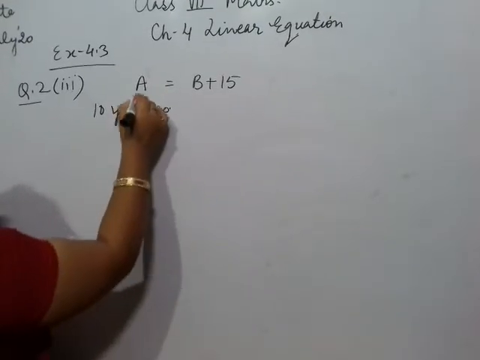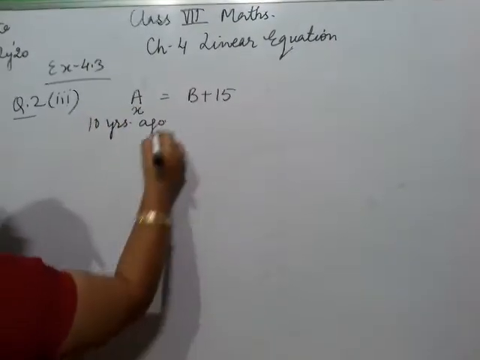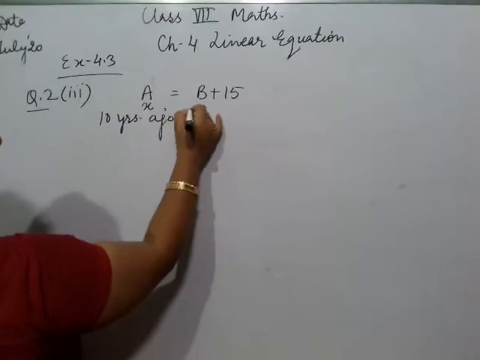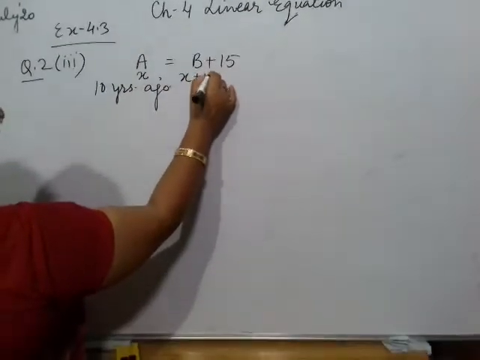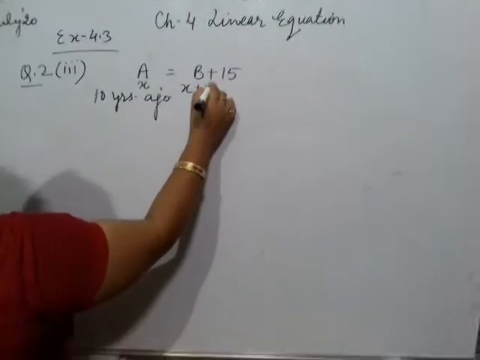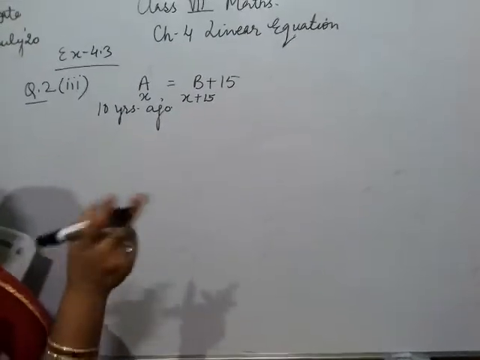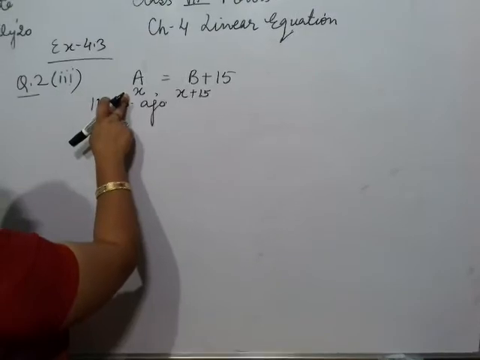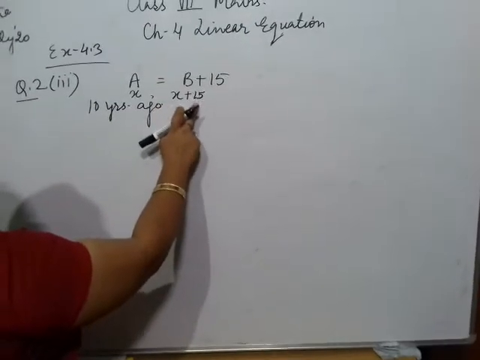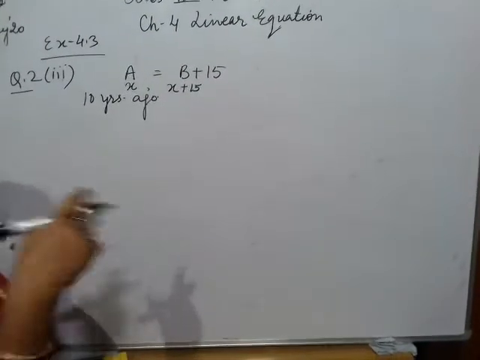If I say the present age of A is X, then the present age of B is X plus 15. X is the present age of A and X plus 15 is the present age of B.